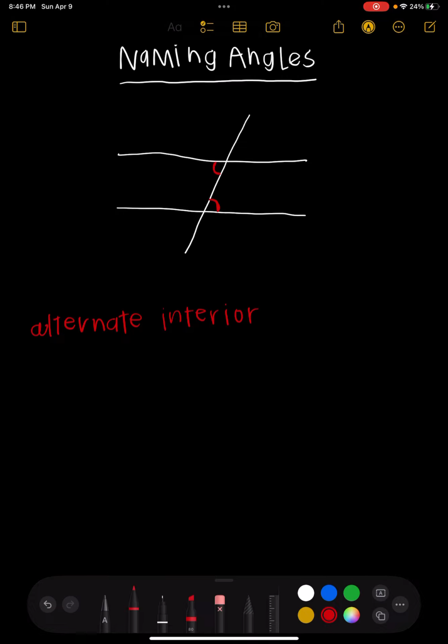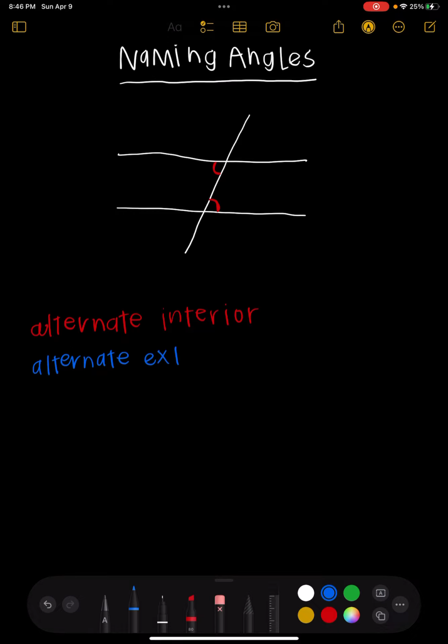You could also do this one and this one. Either of those pairs would be considered alternate interior. But just not to confuse you with all of the red lines, we're only going to write one example on there.